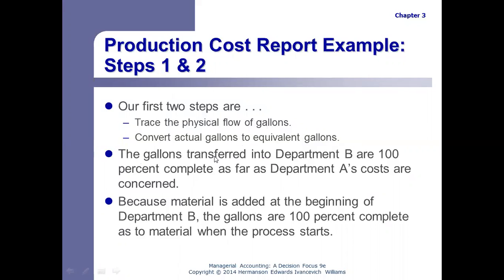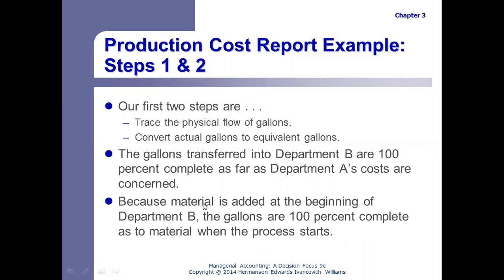The gallons that were transferred from A to B are 100% complete with respect to A. That makes sense because A wouldn't transfer those gallons to B unless they were done with it. And because the material is added at the beginning of Department B, the gallons are 100% complete as to materials when the process starts.